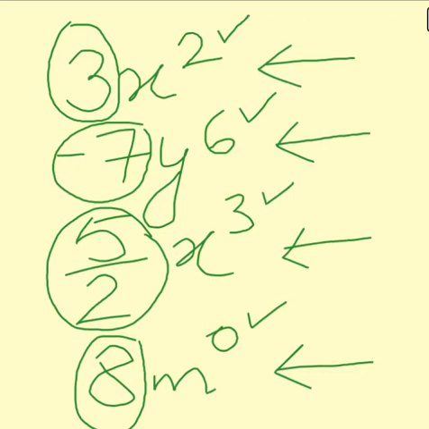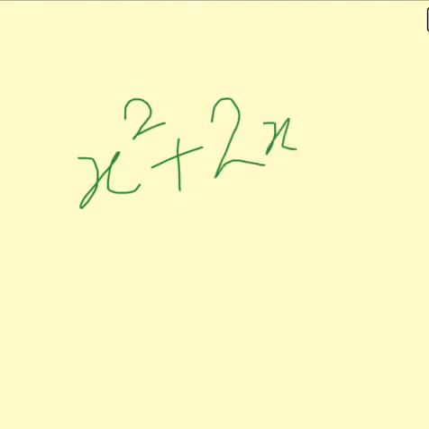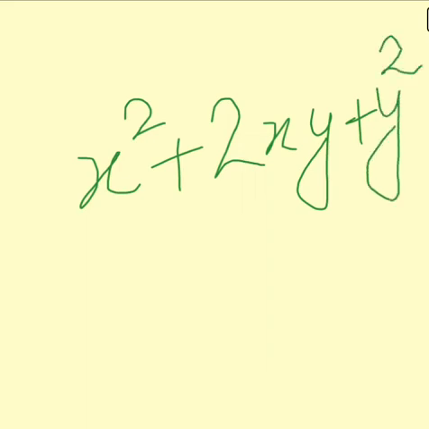So these are the concepts of coefficient, bases and powers. Let me give some more examples regarding this. So if you take x square plus 2xy plus y square, then we have to go individually in this algebraic expression.